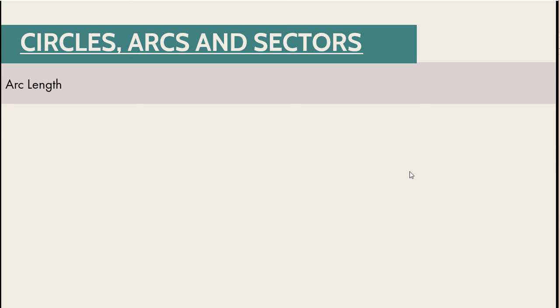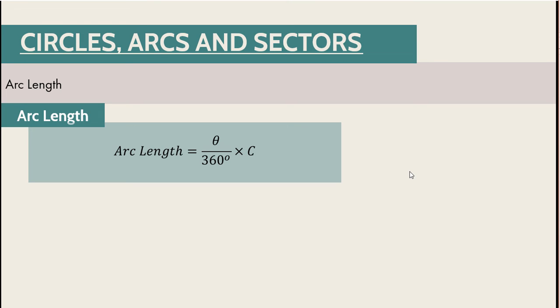An arc is also measured with its length. The arc length, because it is a part of the circle, we will measure the whole circle and divide it into equal parts, and then we take the sum of the length of each part.